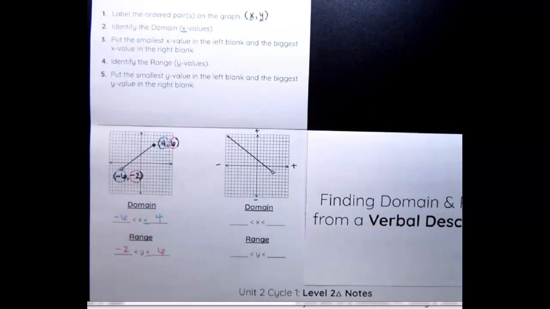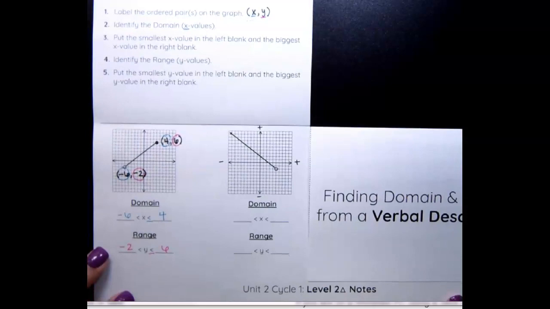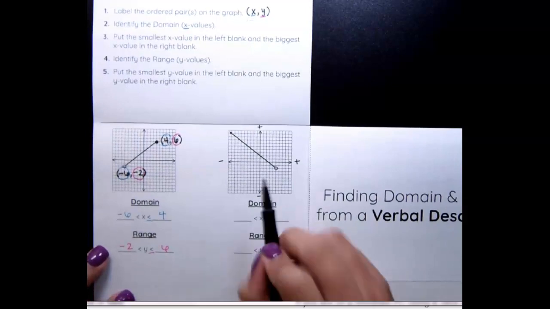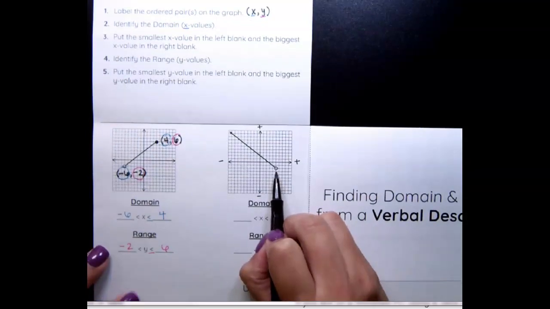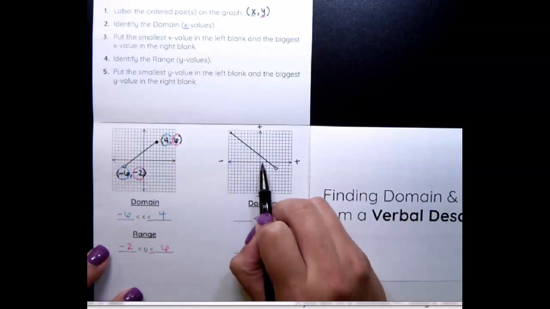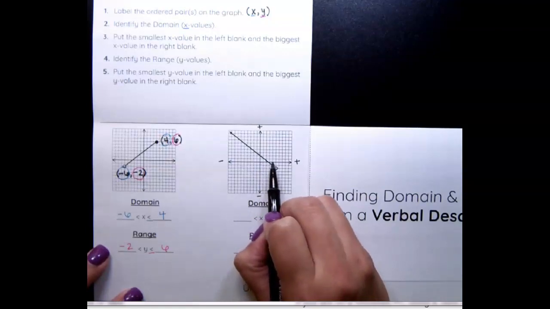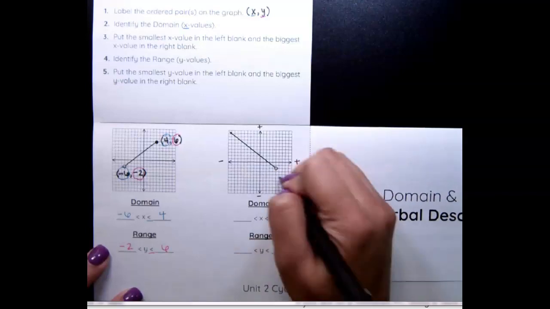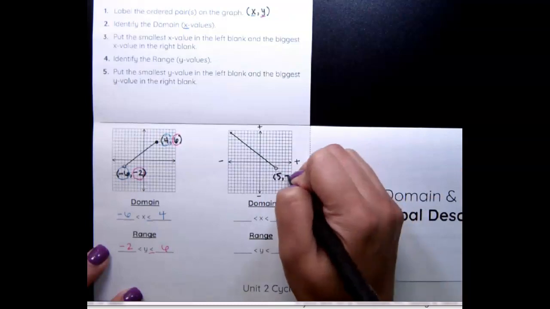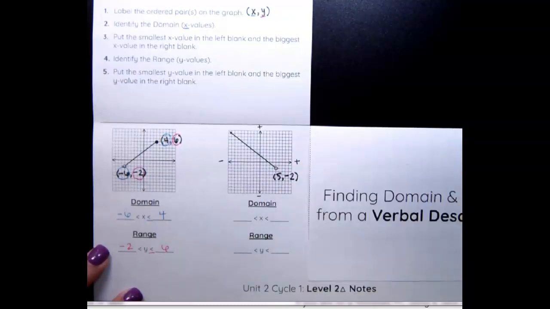When you have an arrow, one of your ordered pairs is going to have two infinity symbols, but it can be a combination of positive and negative. So first I'm going to find the ordered pair of my point. So from the origin, I move right 1, 2, 3, 4, 5, and down 2. So that is right 5 because it's positive 5, and negative 2 because I went down 2.